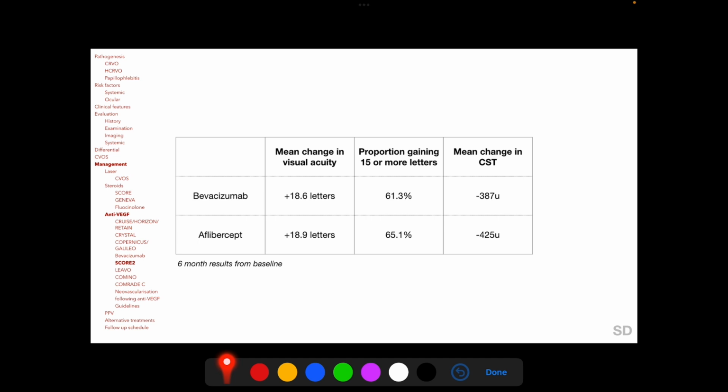This table shows the 6-month results from baseline in the SCORE 2 trial, with the functional results being almost similar in the two groups, but the anatomical results being better in the aflibercept group.